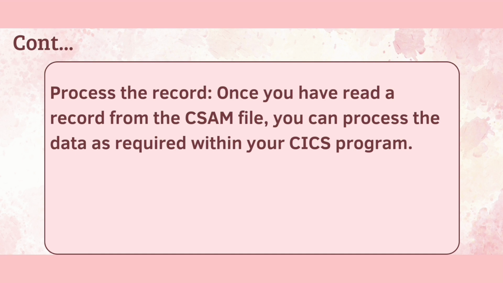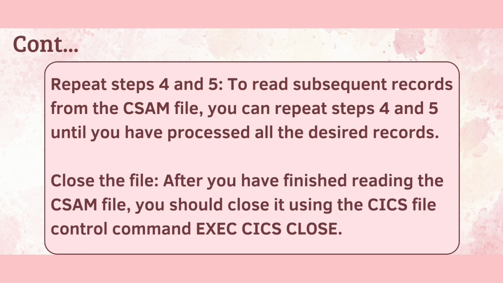Next is to process the record. Once you have read a record from the CSAM file, you can process the data as required within your CICS program. Next is to repeat steps 4 and 5. To read subsequent records from the CSAM file, you can repeat steps 4 and 5 until you have processed all the desired records.